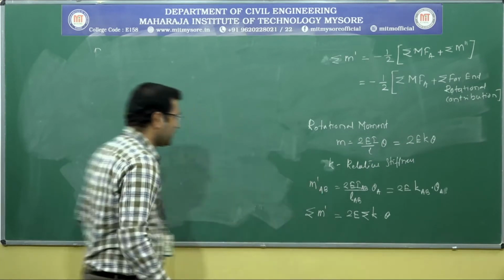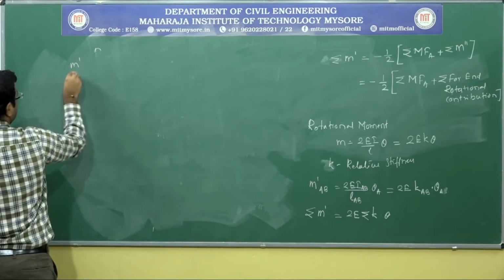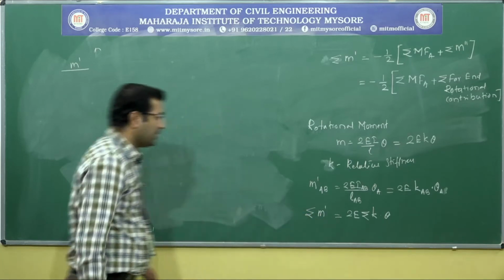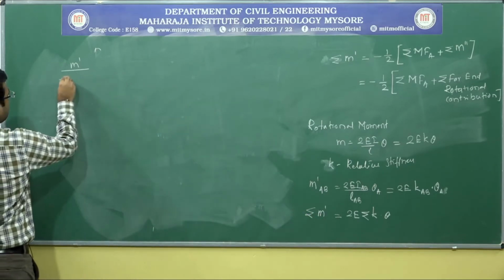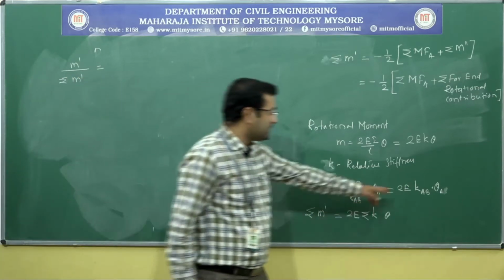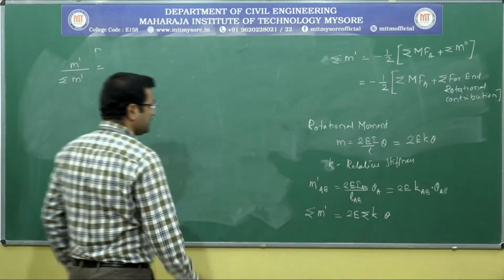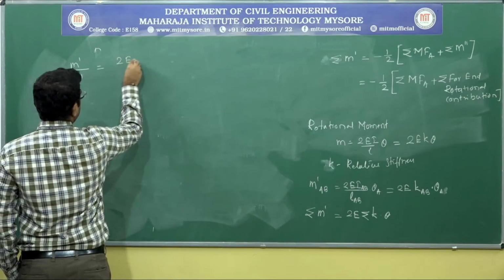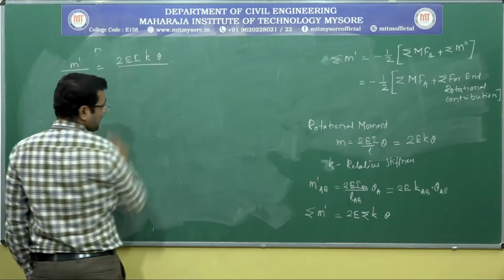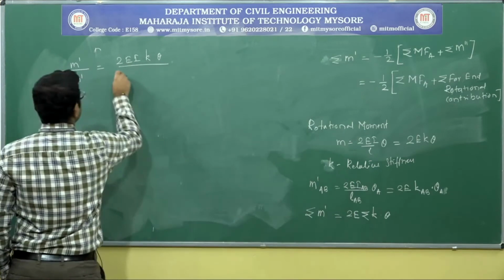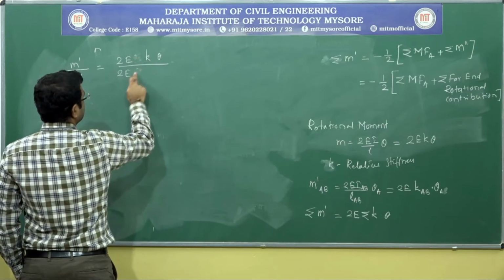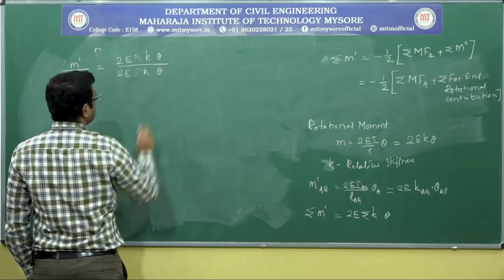Let us say it is a general equation, that is M dash. If I divide this by the rotational contributions of all the members, then it will be 2EI by L, so it is nothing but 2E into K theta, divided by 2E into K into theta.